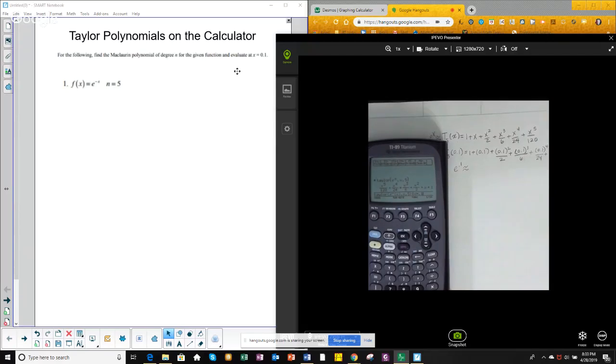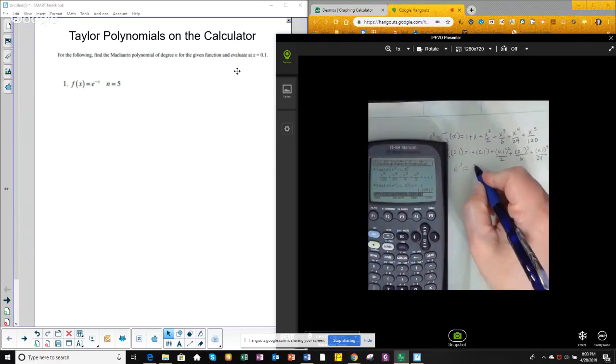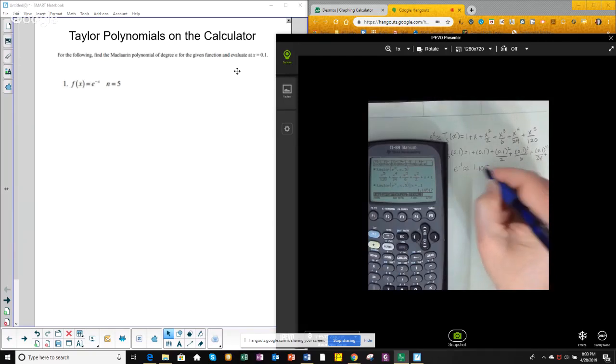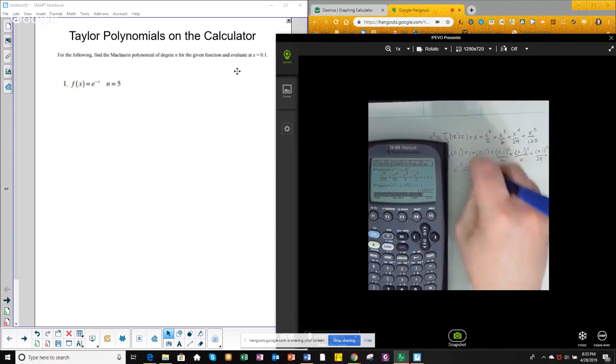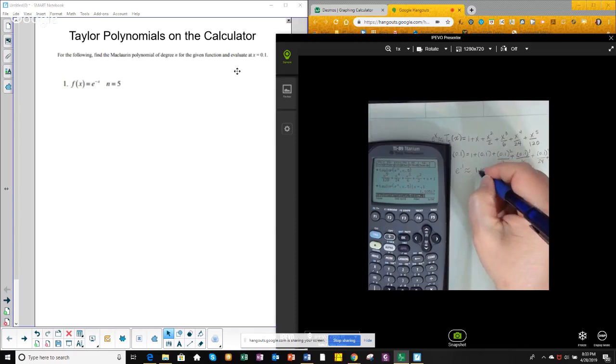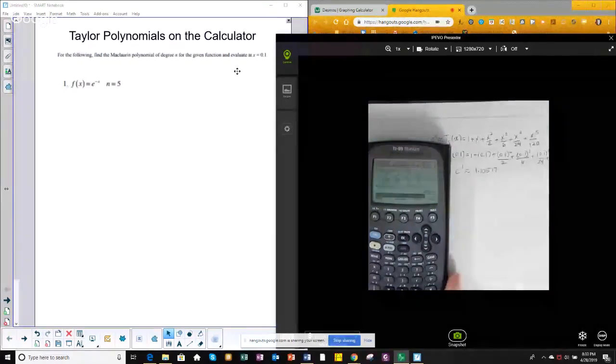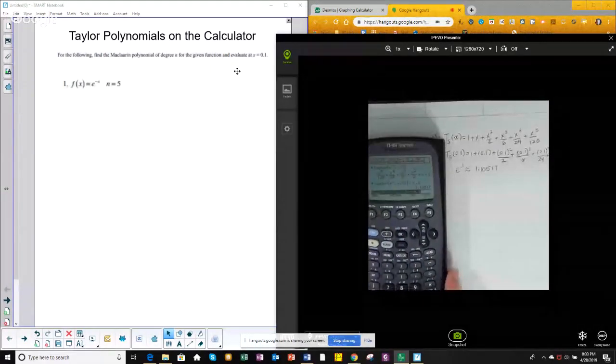And we are going to get a number, and that's going to be 1.10517. And I have more digits than the AP Calculus people need, but we're going to use this to see what the error could be.